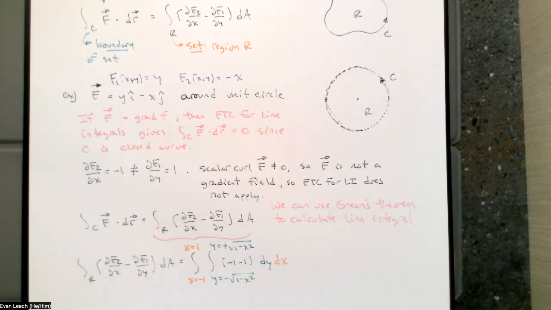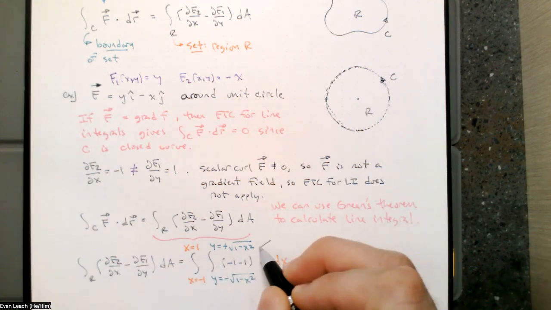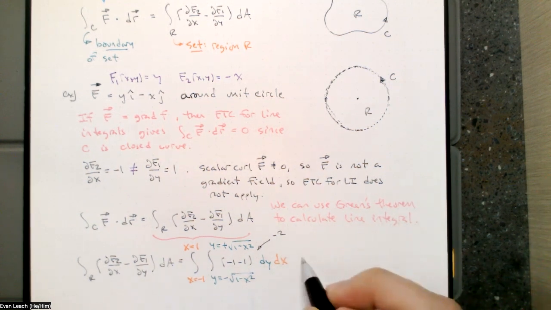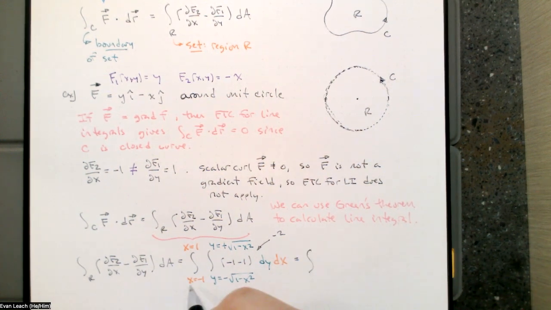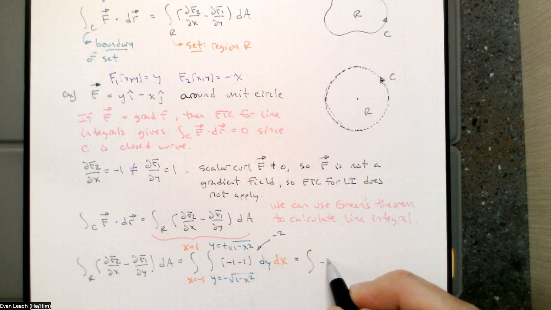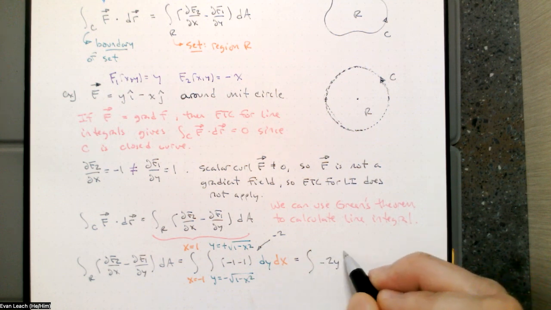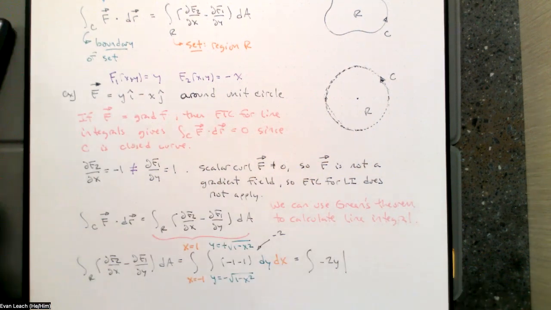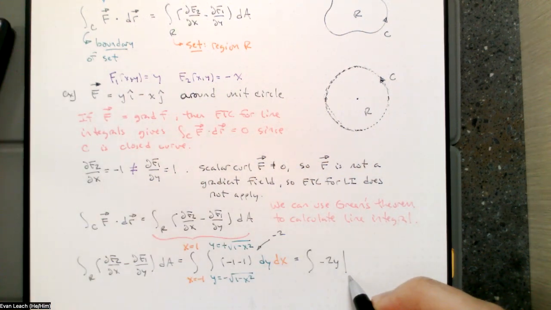So we've set up this double integral. We just need to integrate the function -2 with respect to y. So this function in here is just a -2. That's nice and easy to integrate. So we're going to be integrating from -1 to 1, -2y evaluated from the negative square root to the positive square root.